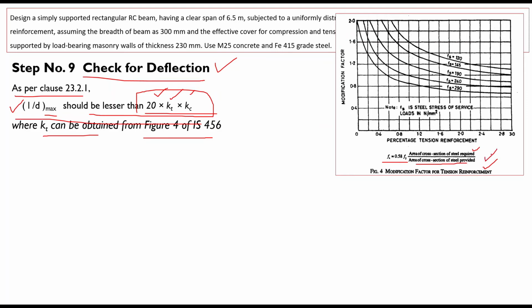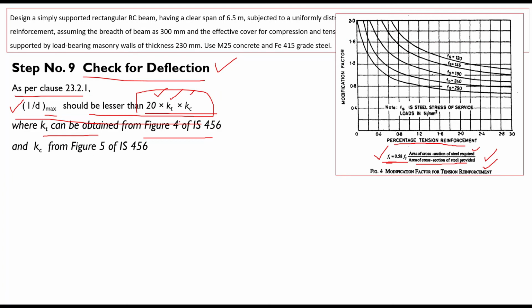There is some error in the code, but no issue. So we have to work out FST, and the percentage of steel which we have provided is along the x-axis. Based on the percentage of tension steel and the Fs value which we have calculated, there are various curves, so correspondingly we have to pick the value of the modification factor. Later on we will do this.